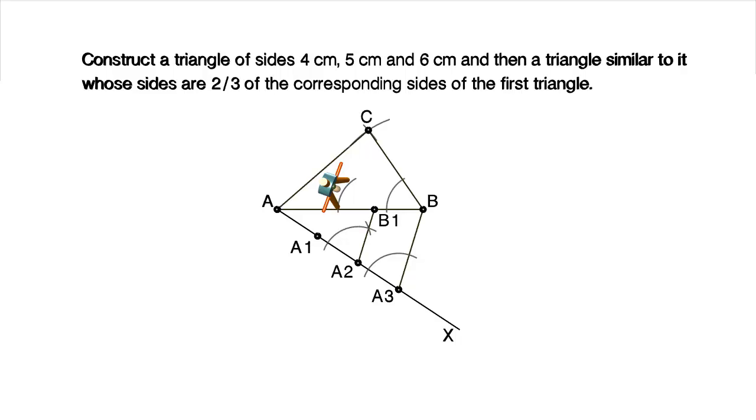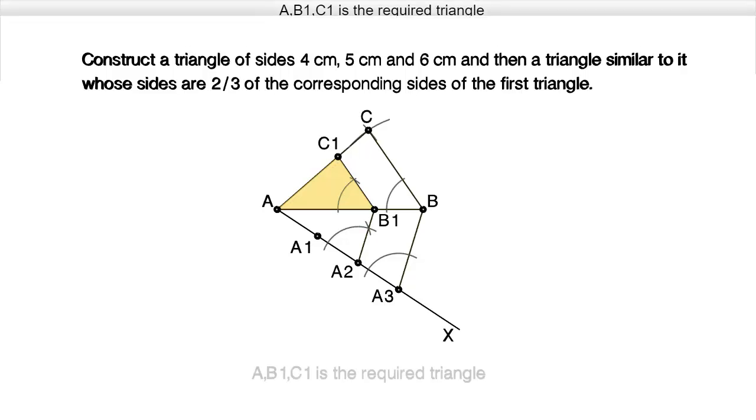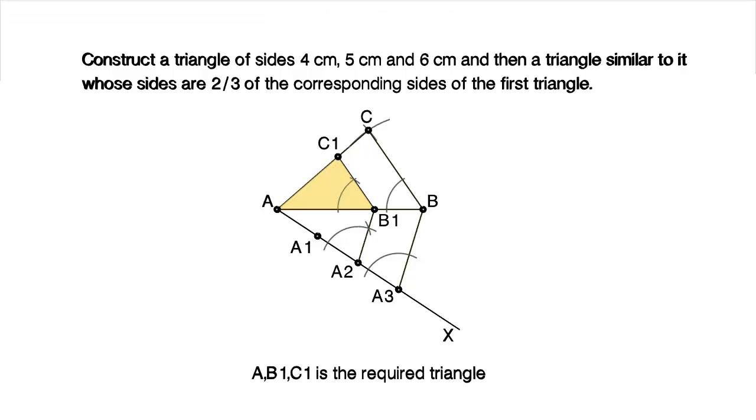Now join the point B1 with the intersection point of the arc and produce that line to meet the line AC, and mark the point as C1. And this is your required triangle A, B1 and C1. So this is how you will draw a similar triangle when the ratio given to you is less than 1 ratio.